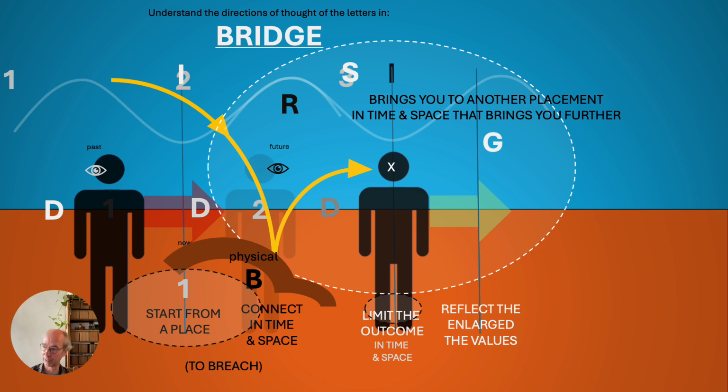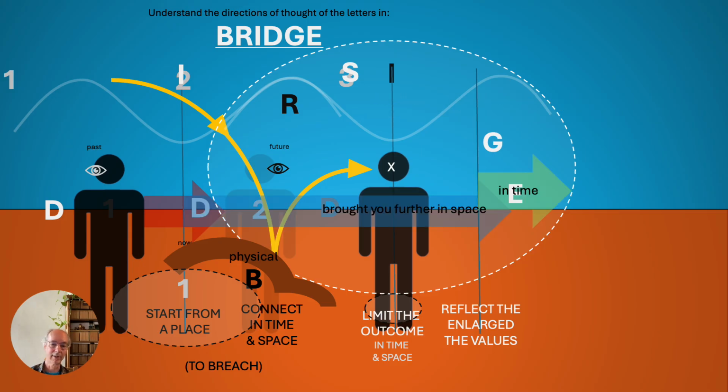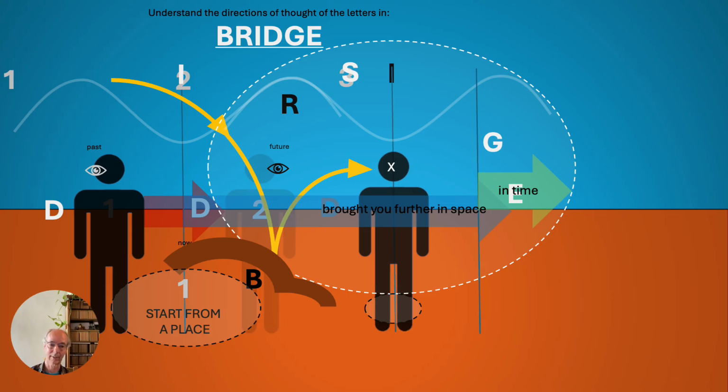Bridge is not just a physical thing. It breaches also limitations and brings you to a larger sense of ideas and possibilities. So while the D brought you further in space, the A in the end, which also comes to it, says that you also can see that you can reach it after a while in a certain time.